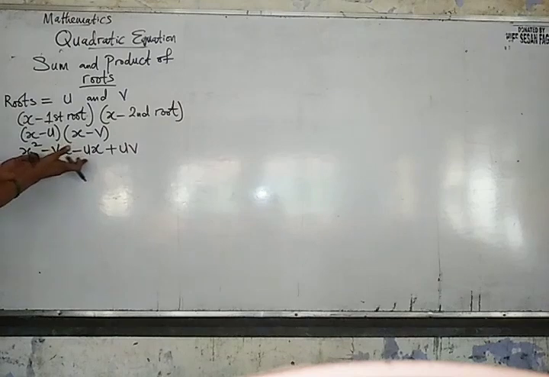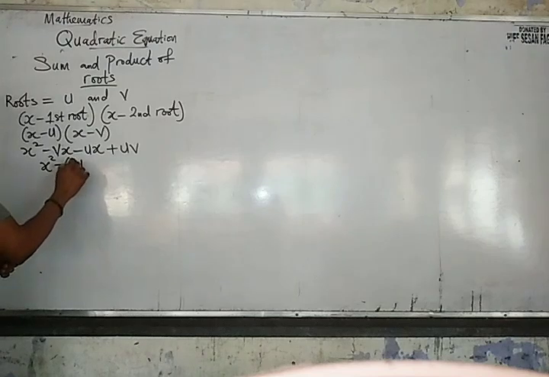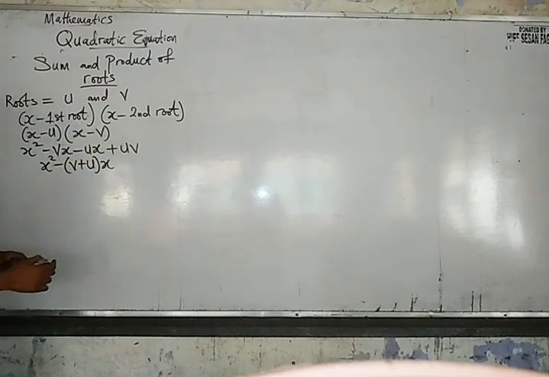If we try to factorize this, as x and x are common here, we have x squared minus, open bracket, v plus u, all in bracket, then we have the x outside.